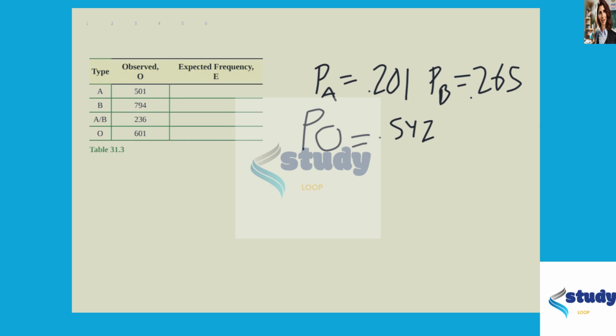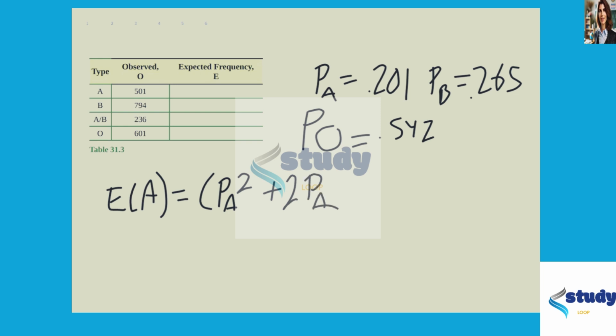Then we're asked to calculate some of the expected frequencies, and they give us an equation, and 2 of these equations have a typo, which makes it incredibly confusing. So the expected number of people we would expect to have blood type A is equal to the probability of the allele A squared plus 2 times the probability of A times the probability of O, times the total population.